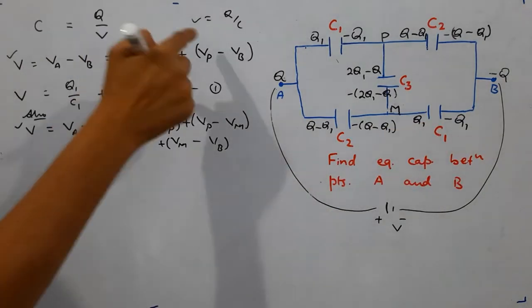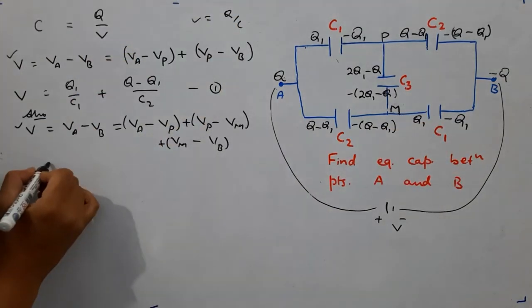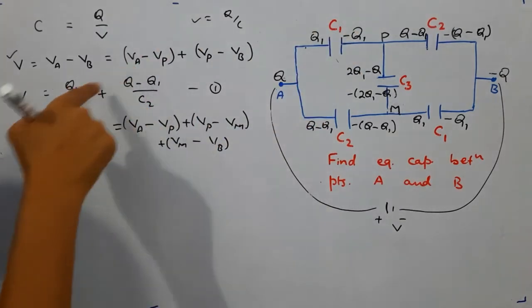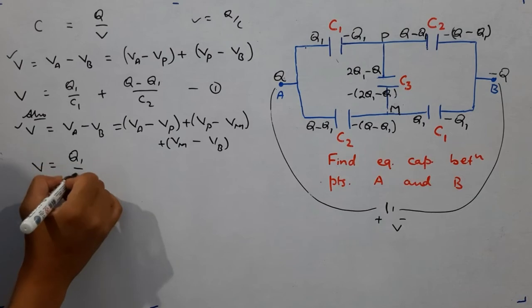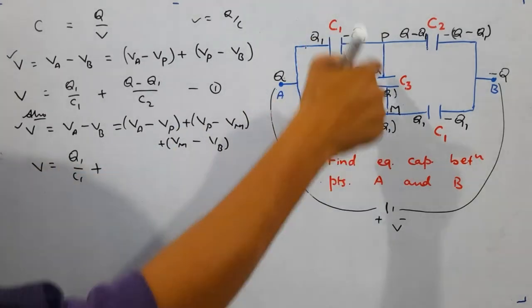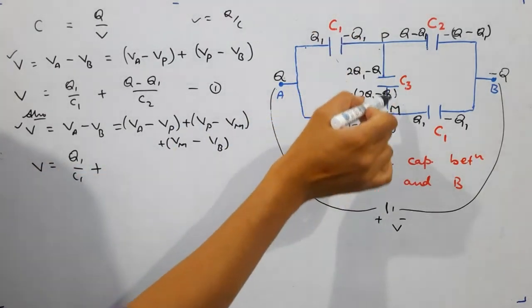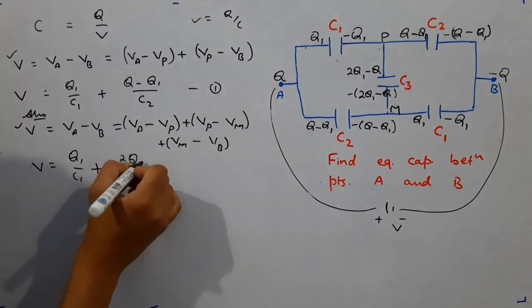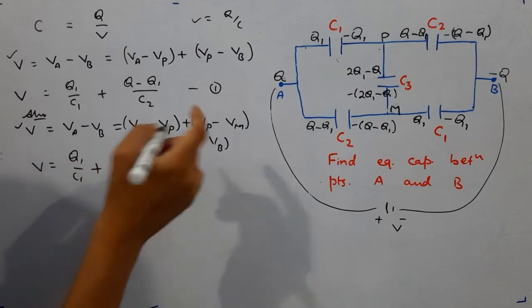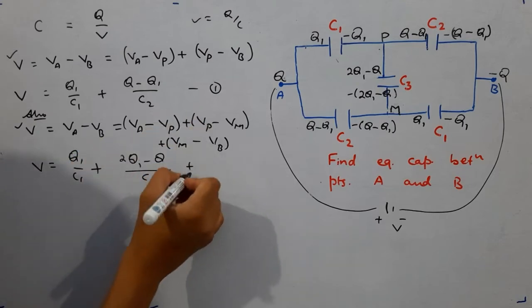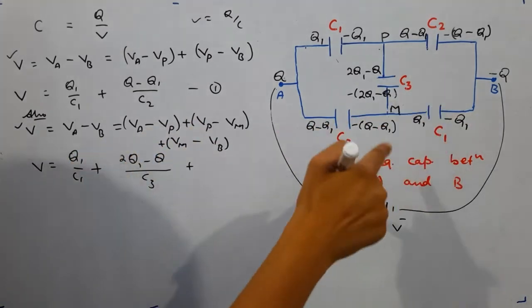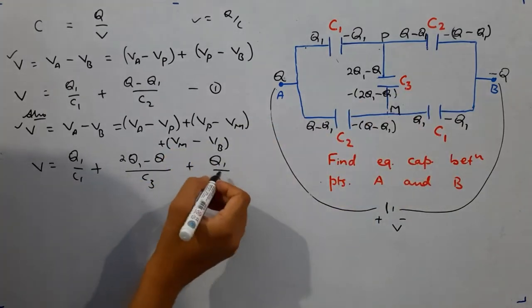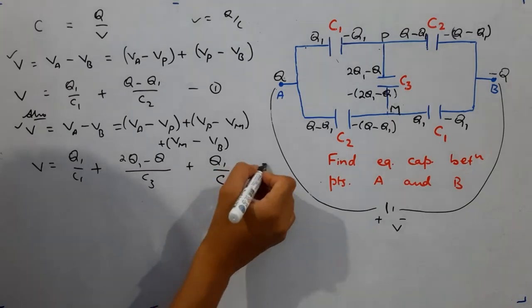So potential difference is given as charge by capacitance. So let's put the values one by one. So this implies V is equal to VA minus VP, we have seen earlier, that is nothing but Q1 upon C1. Next, this potential difference, VP minus VM will be this charge 2Q1 minus Q upon that capacitance, that is C3. And then we have this one, VM minus VB, that will be Q1 upon that capacitance, that is C1.